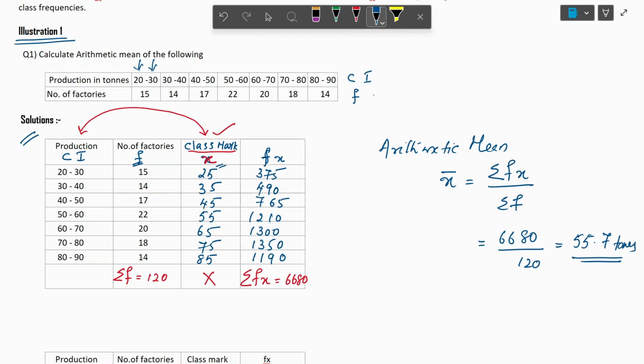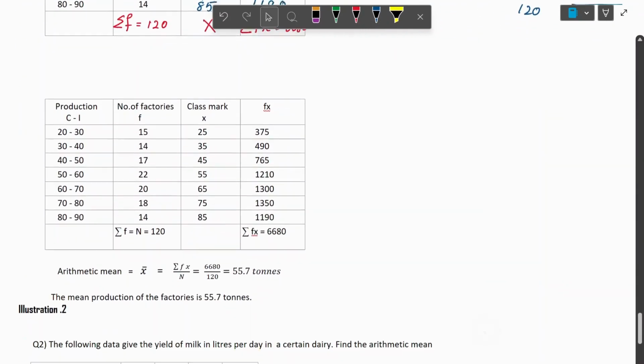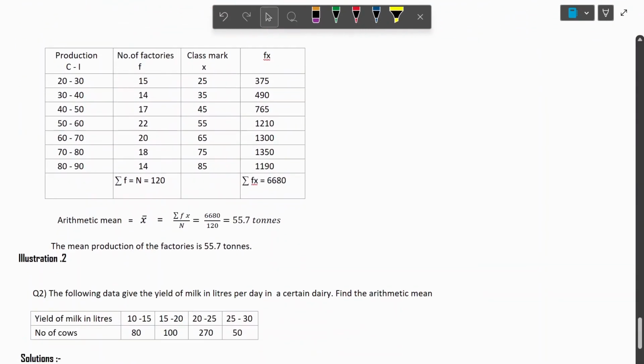Complete the table, you will get all the values you need to substitute in the formula and solve it, and you are going to get the answer. Therefore, this is one of the questions for continuous data. More for your practice. The same thing I showed in the columns. Here, this is what we solved, and we are going to write last.